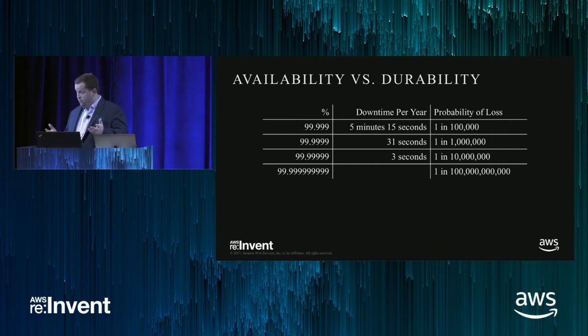It's got trillions of objects, many exabytes of storage, and it's never lost any customer data. So that's super important because that means that we've actually beat our design. Our design was up to 1 in 100 billion chance. We have many, many trillions of objects, so we've beaten our design if we've never lost anything.